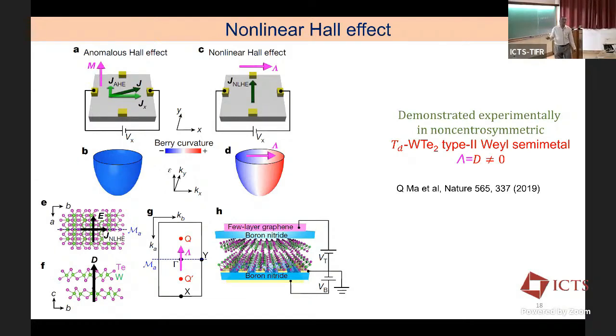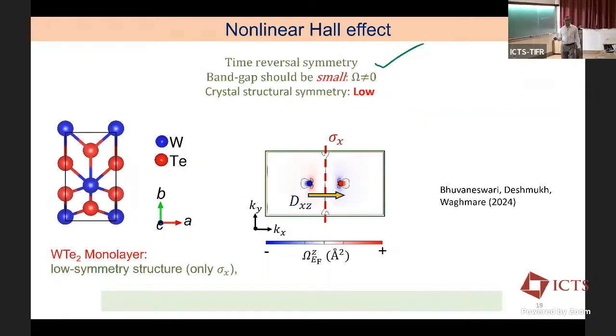Whereas in nonlinear Hall effect, there is no current flowing at 2 times the frequency along x direction. So the Hall effect is relatively simple. It has exactly a 90-degree angle of the Hall current with respect to the total current at that frequency, with respect to applied field. And this was seen in the non-centrosymmetric tungsten telluride in 2019.